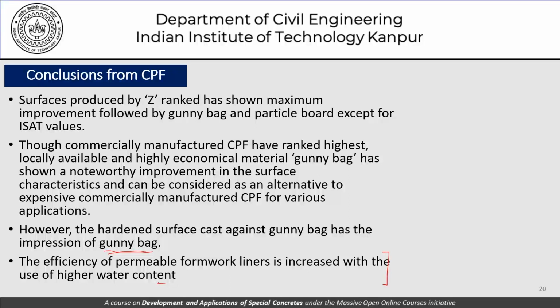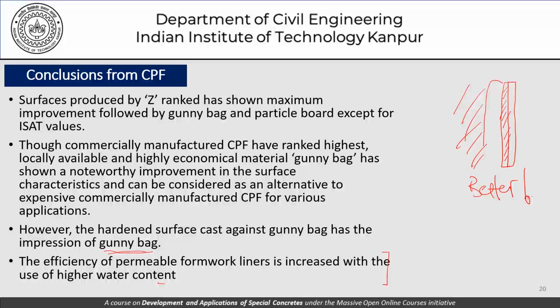Today the discussion has been largely focused on saying that, well, if I have a formwork here, if I have a CPF liner attached to this formwork, then the concrete that we cast here will be better in terms of the properties of concrete in the near surface zone here.